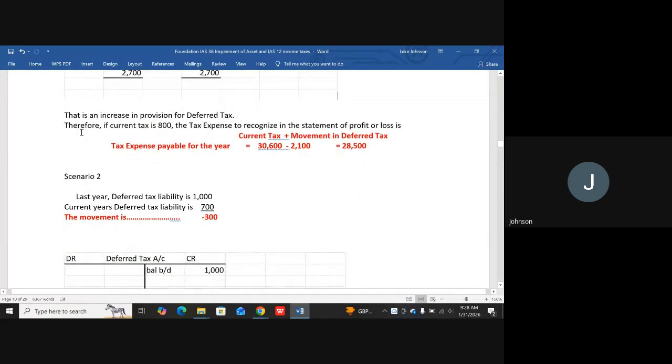So now that is an increase in provision for deferred taxes. Therefore, if current tax is 800, we are just making an assumption. If current tax is 800 for the year, hold on.